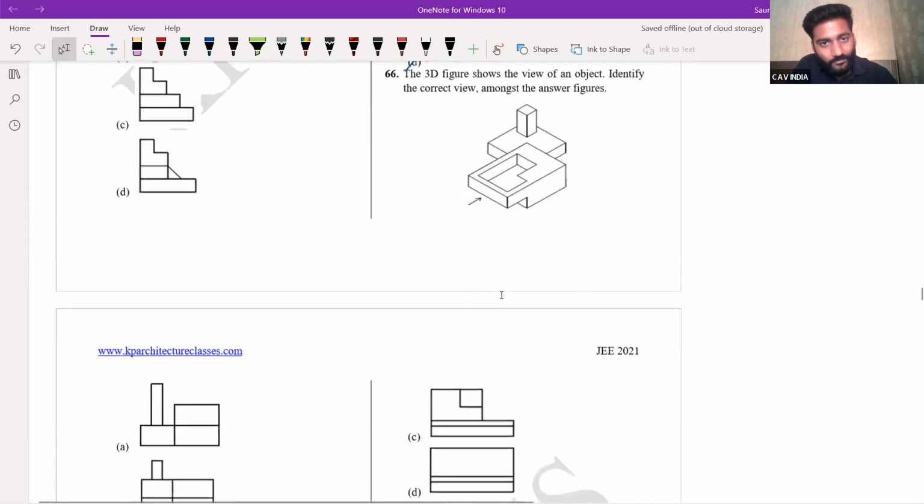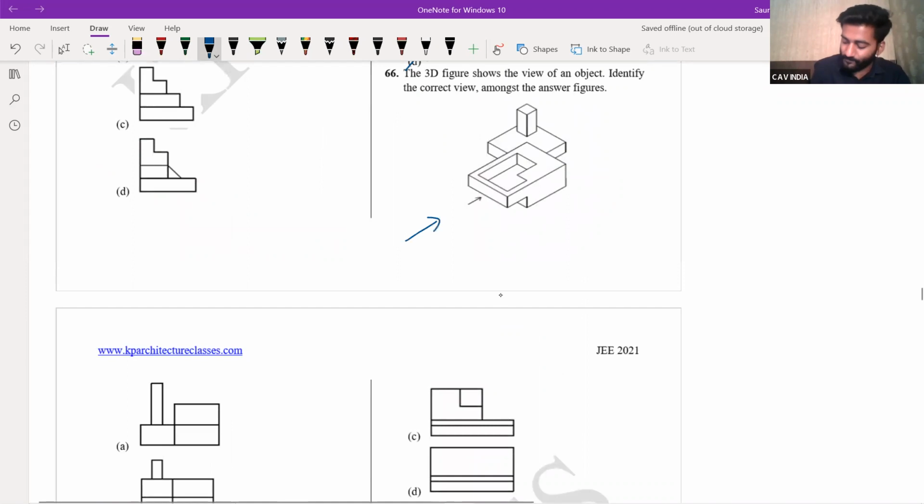Okay, then we have question 66. Again, you are looking at it from this side. You would have two rectangles like this, and another rectangle. Also see that this is double story, this is single. And then you also have a tower at the back.